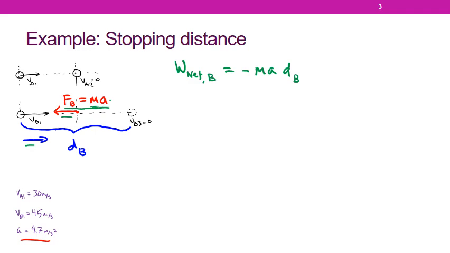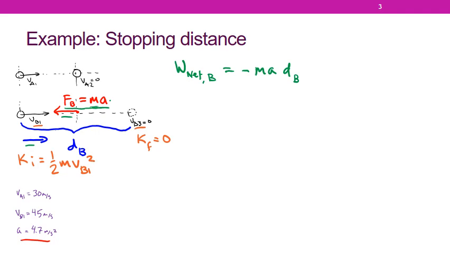Now I can look at the other half of this problem, and I can say, okay, what is the kinetic energy? I'm going to start with a velocity, my initial velocity for car B, and end with a velocity of 0. So my final kinetic energy is going to be 0. My initial kinetic energy is going to be 1/2 mass times VB1 squared, the speed, right?